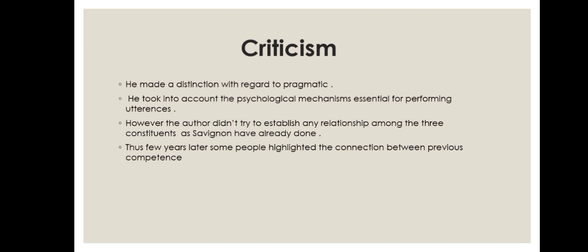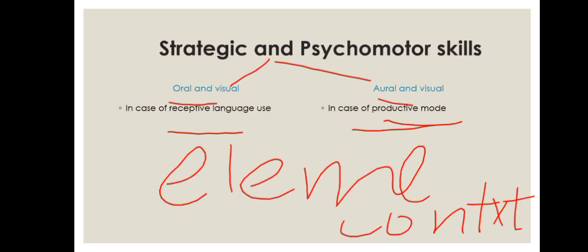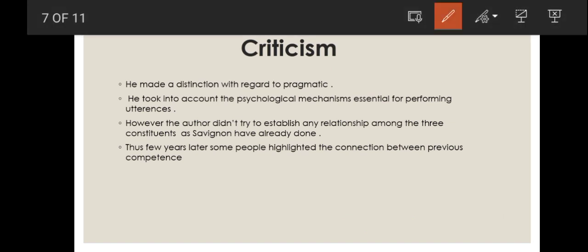Okay, so here I am going to discuss with you the criticism that was faced by Bachman's approach, or pragmatic approach. He made a distinction with regard to pragmatic competence and took into account the psychophysiological mechanisms which are essential for performing a task, as I've already discussed. But the author didn't establish any relationship among the three constituents, as Celce-Murcia had already done.